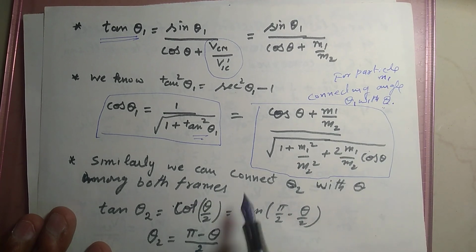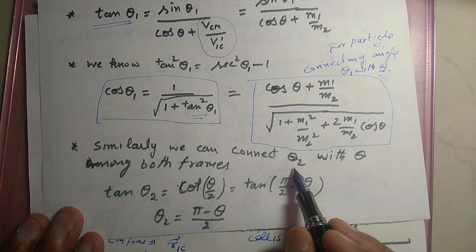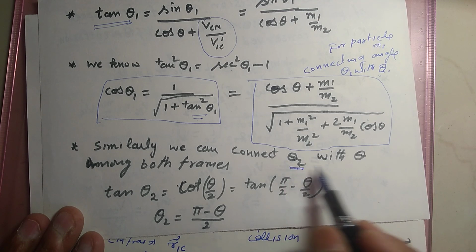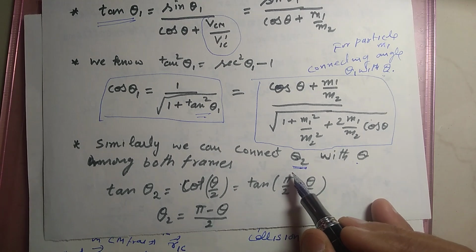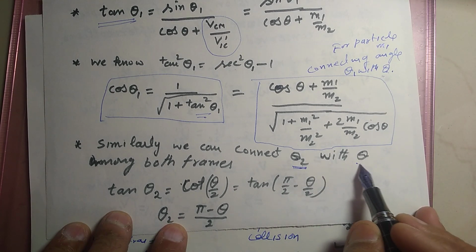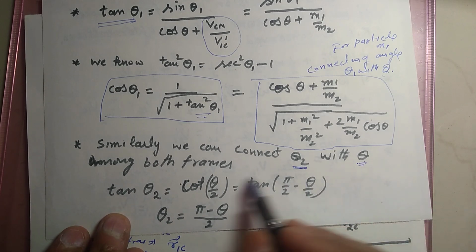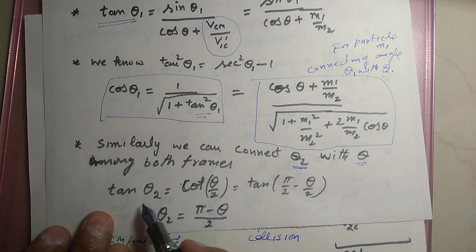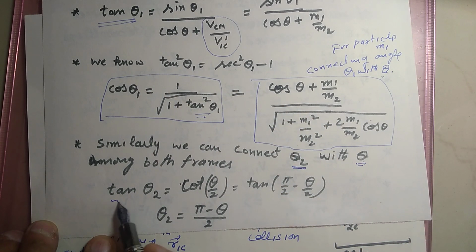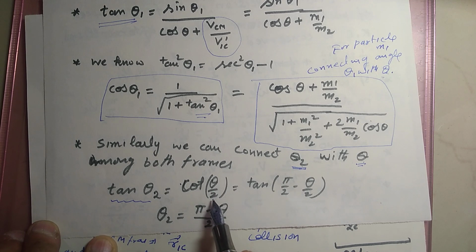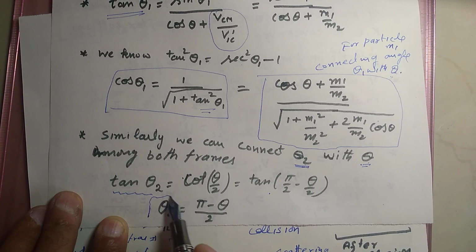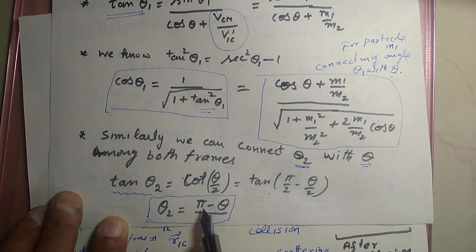Similarly, for the target, which is scattered through theta 2, this is the angle in the lab frame, and this is the angle in the center of mass frame. In a similar fashion you can follow the same process, and finally you will get tan theta 2 equal to cos theta by 2 over sin, and the relation theta 2 is equal to pi minus theta divided by 2.